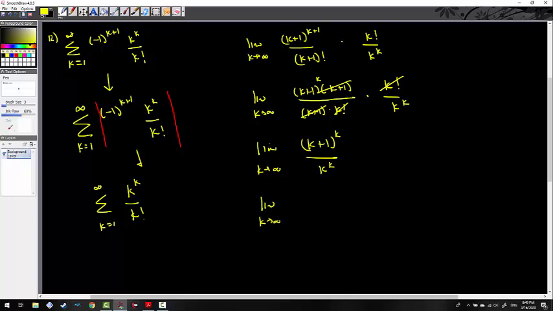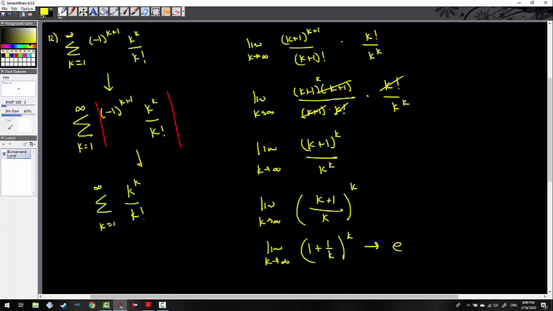Because they're both being raised to the k power, I can put them both to the k, and it's (k+1)/k, using some diagonal reduction. I'm going to call it (1 + 1/k)^k, and I'm hoping this limit is relatively obvious.